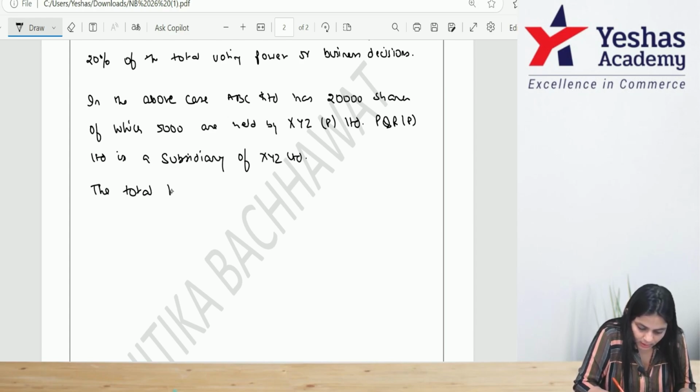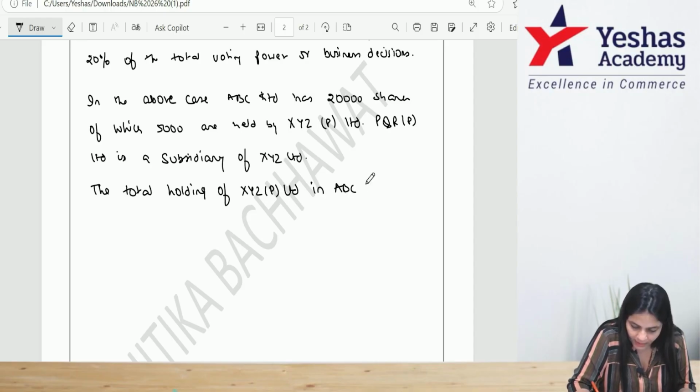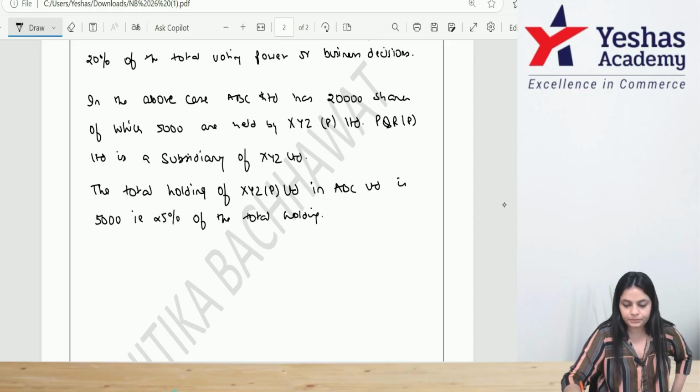The total holding of XYZ Private Limited in ABC Limited is 5,000, that is 25% of the total holding.